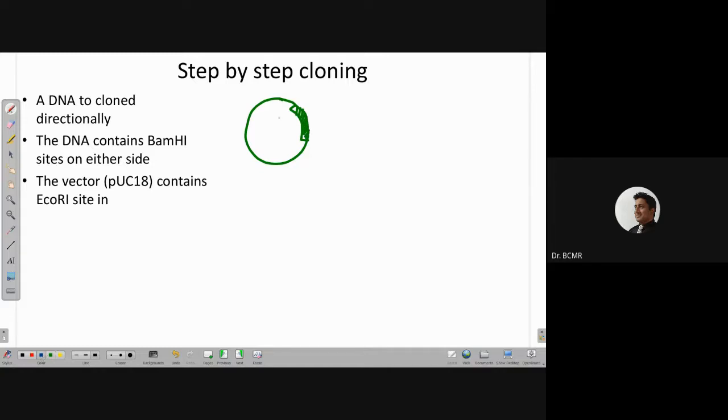So there is a BamHI site, and this is lacZ prime, and we have a gene of interest, which is also with BamHI sites. And now we perform ligation. After restriction digestion and ligation, what do we get? What are all the possibilities is what you should think of.